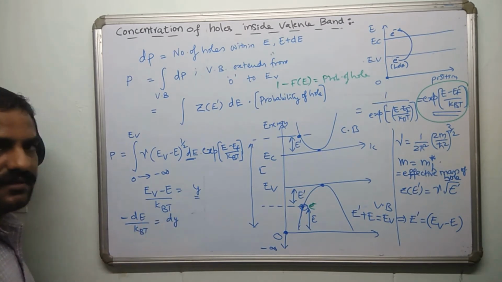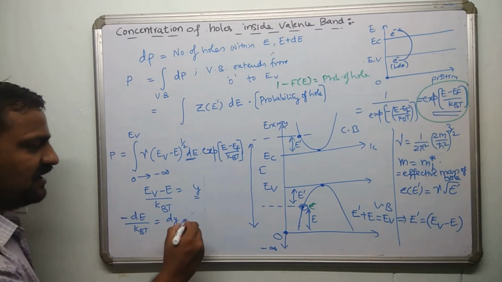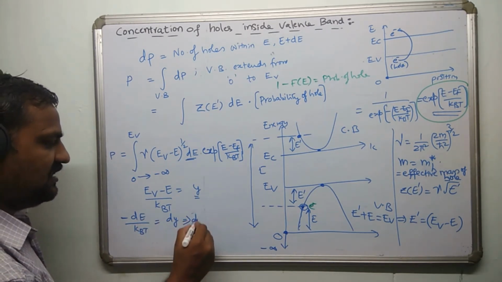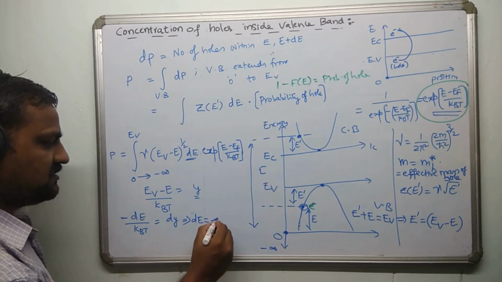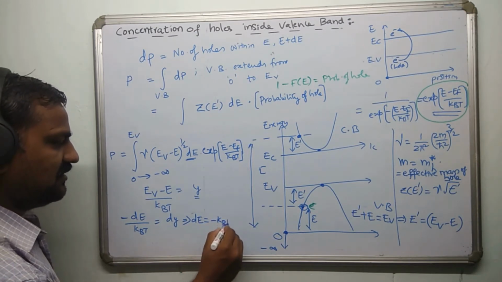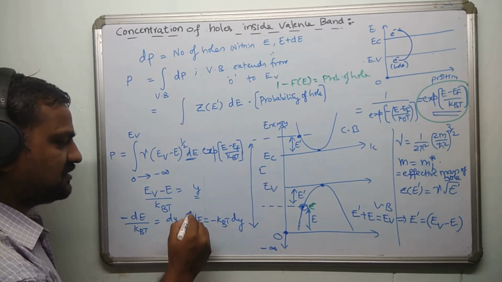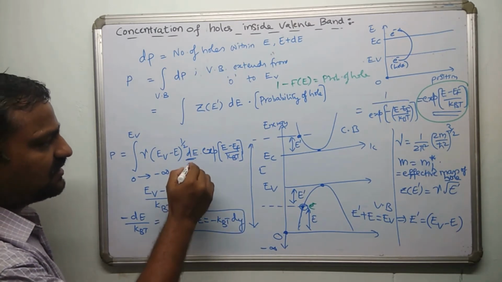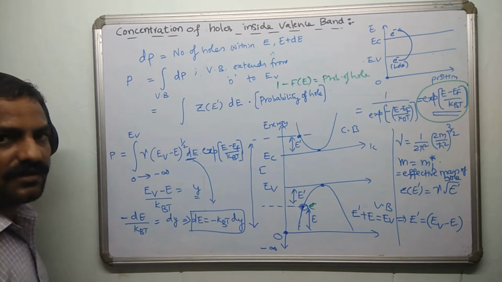Or equally, you can write dE is equal to minus kBT dy. Please keep this relation, we'll be needing it. Wherever you get dE, just put this term, minus kBT dy.